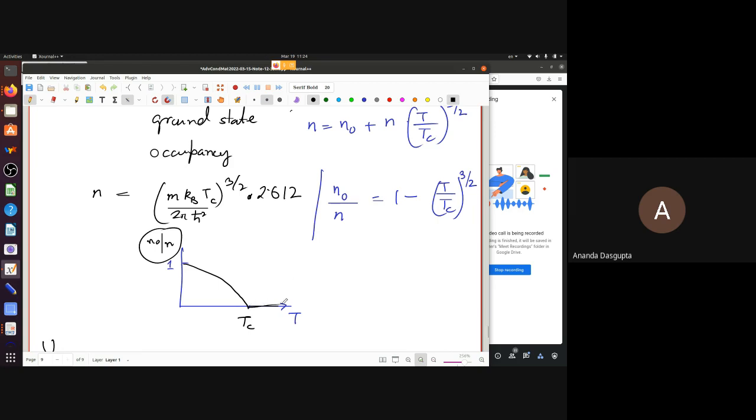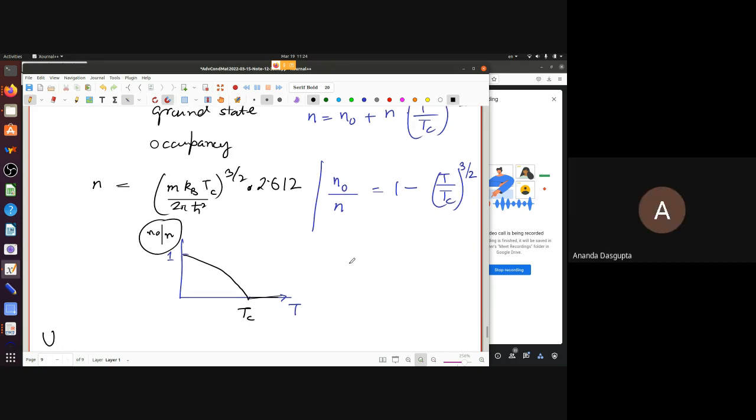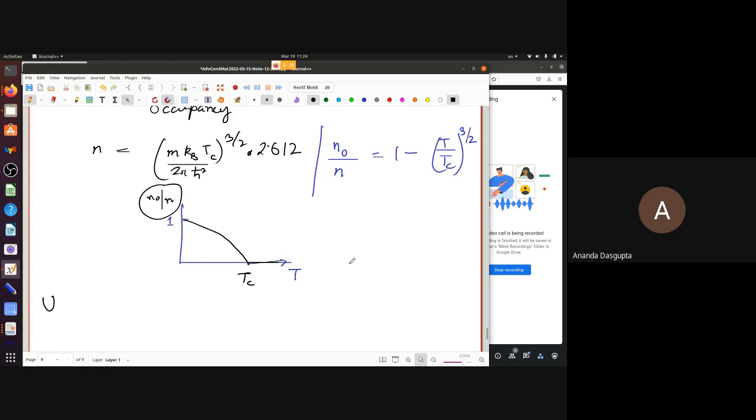That's why it will look like 0. So it's not as if you don't have particles in the ground state beyond that. It's just that you don't have a macroscopically large number. So at temperatures above Tc, the system will not show quantum behavior at a macroscopic scale.